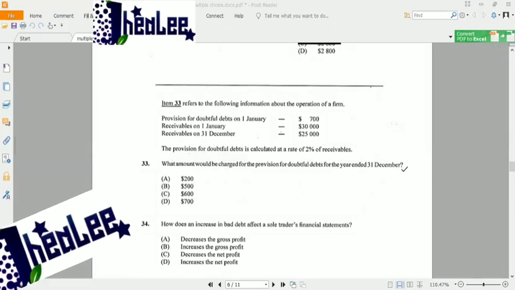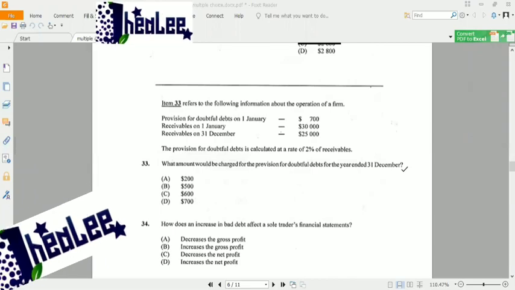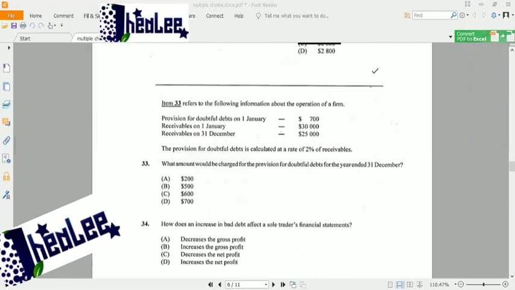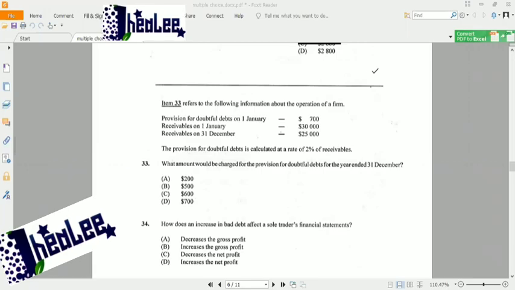Now, in order for you to calculate your provision for doubtful debt for the year, which formula do you use? What's the formula?